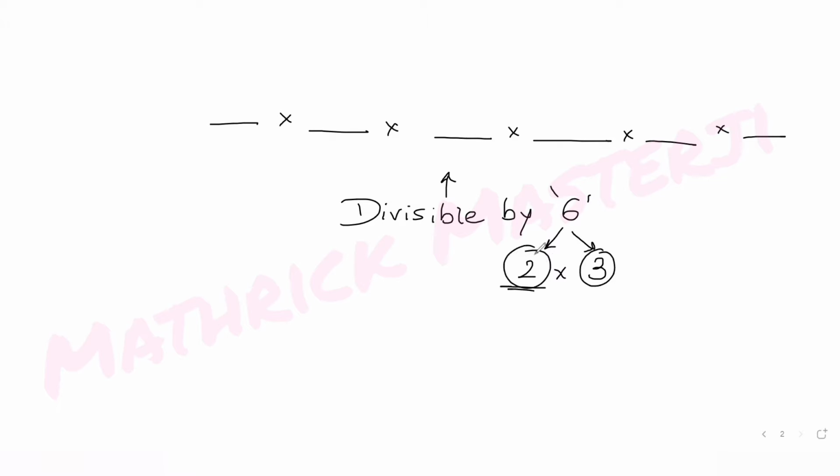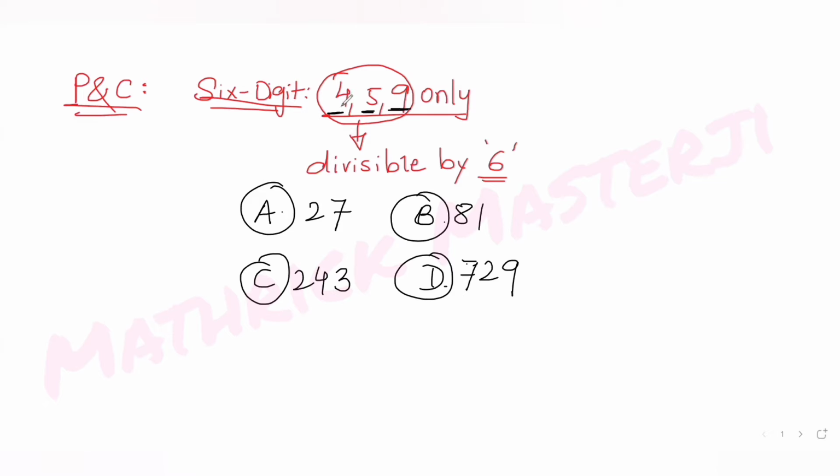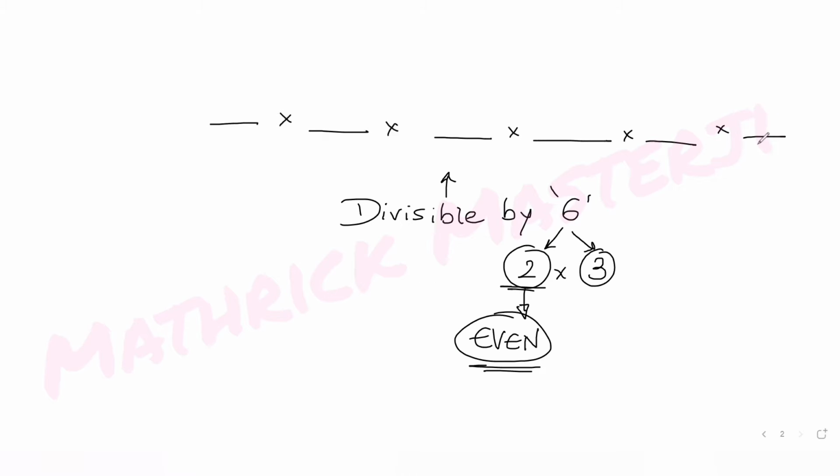For a number to be divisible by 2, the six-digit number should end with an even digit. Out of the three options, I have only one even number. So the last dash is fixed for one number, that is 4.